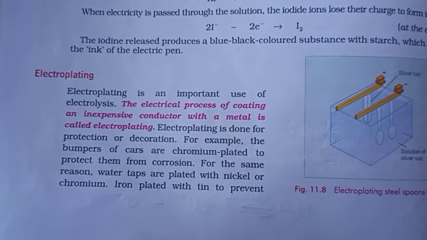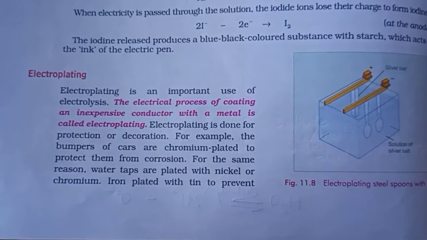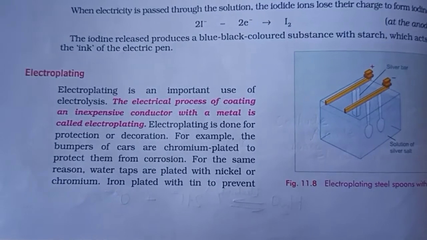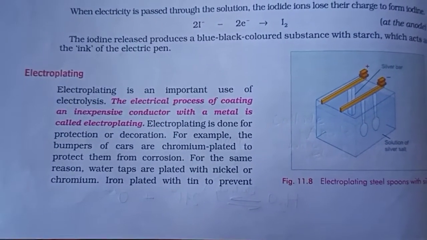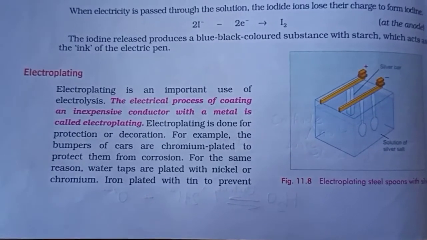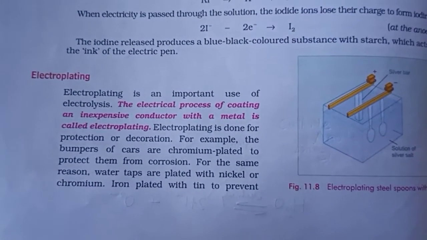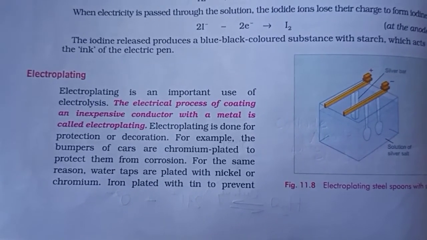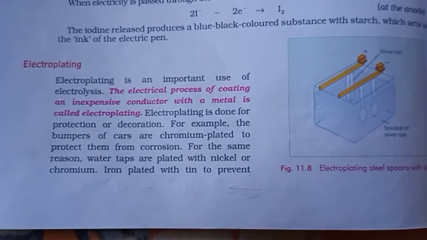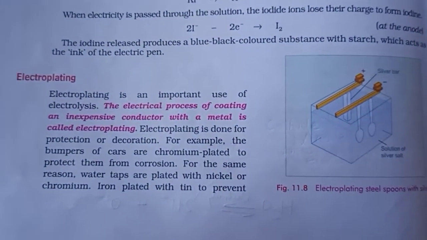In your house, you must have seen the kitchen gas burner. They are also electroplated. Handlebars of bicycles and towel rails are electroplated with a silver layer or a thin layer of chromium.